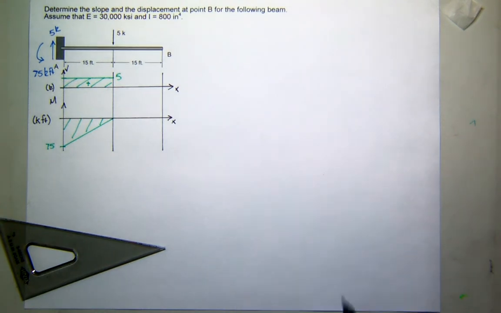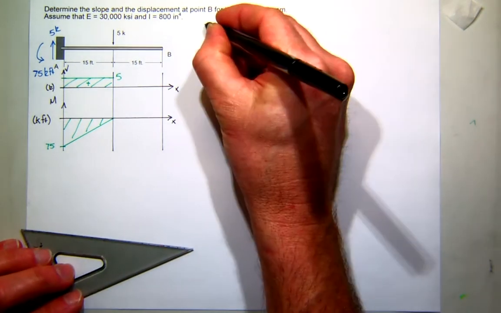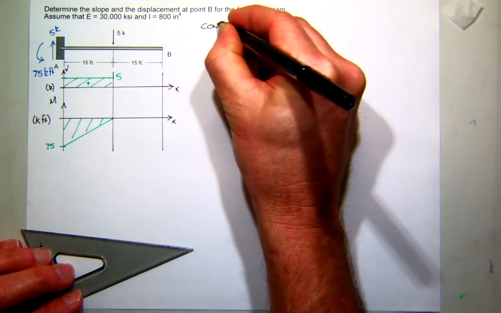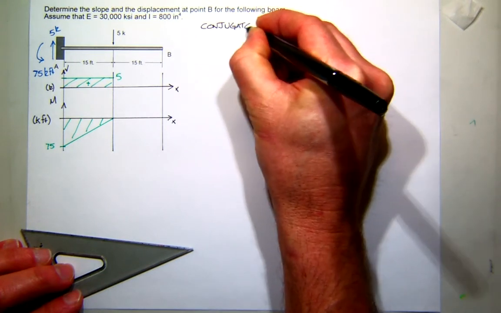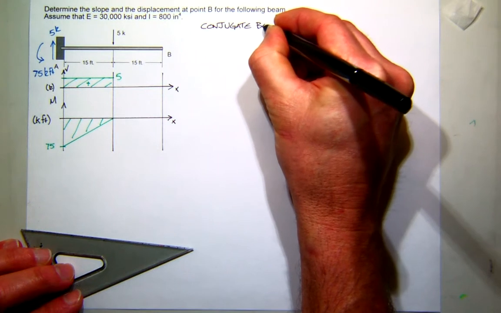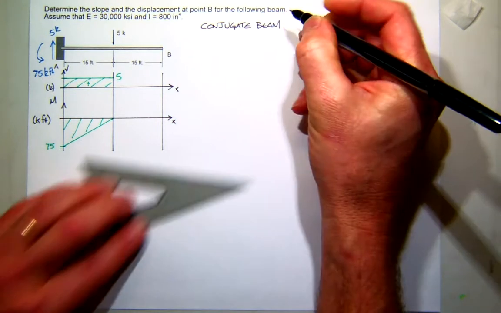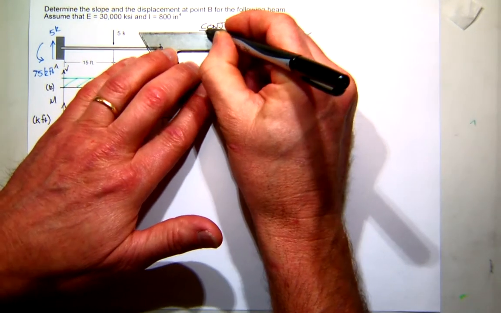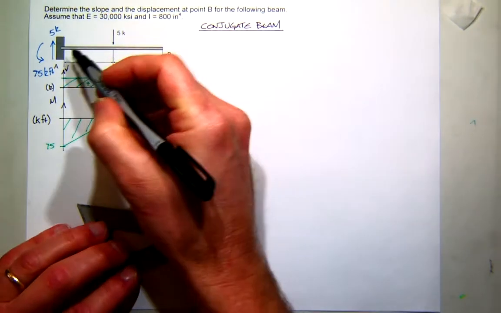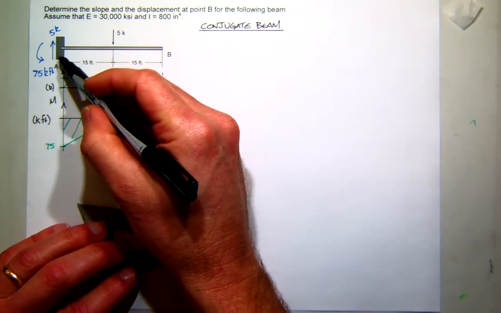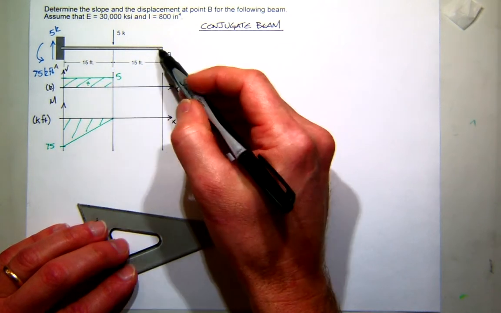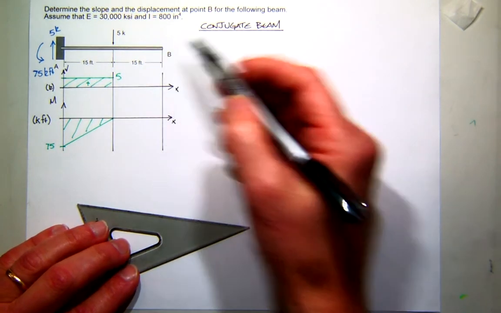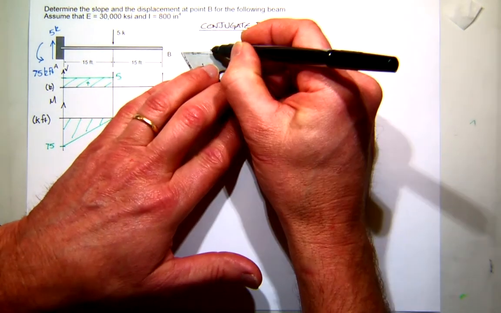Conjugate beam. So let's go draw my conjugate beam. Now, in our discussion about conjugate beam, we know how to handle these supports. So a fixed end becomes free in the conjugate beam, and our free end becomes fixed.